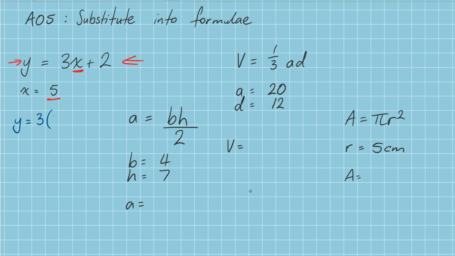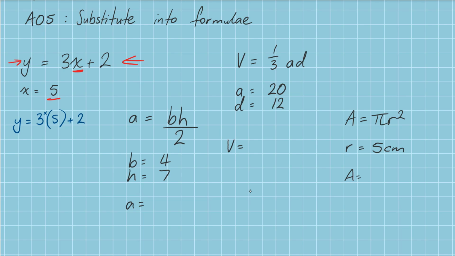I'm going to put 5 in brackets so we don't confuse it with 35. Plus 2. Of course, we remember that a number right next to another one in brackets means to be multiplied by. So y equals 5 times 3 plus 2.